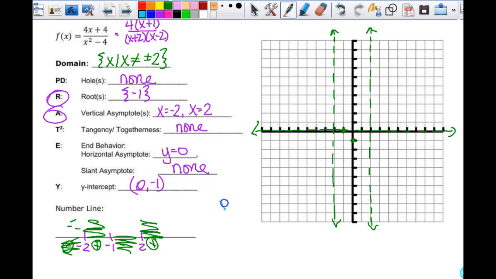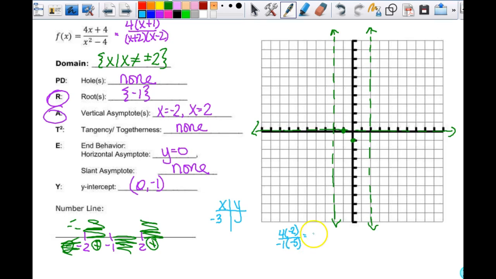When you do that, you have to have an actual little T-chart here where I can see where these points are coming from. You don't just have random points that pop up on your graph. So I'll try -3 and see what happens here. When I substitute in -3, that's going to give me 4 times -2 over -1 times -5.